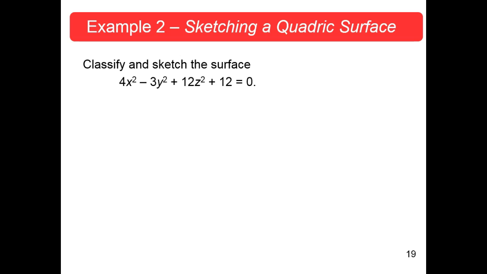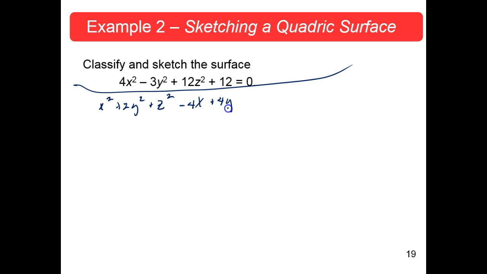Classify and sketch this surface. x squared plus 2y squared plus z squared minus 4x plus 4y minus 2z plus 3 is equal to 0.